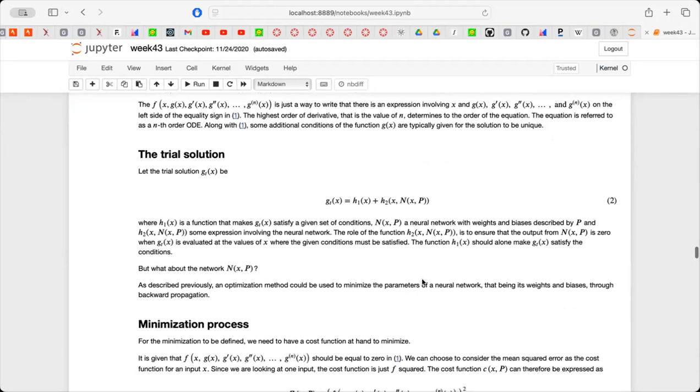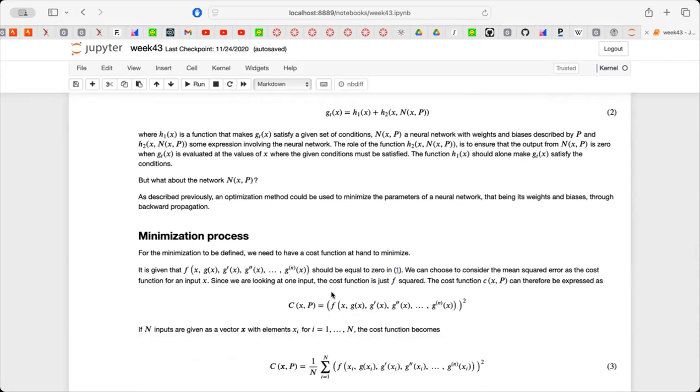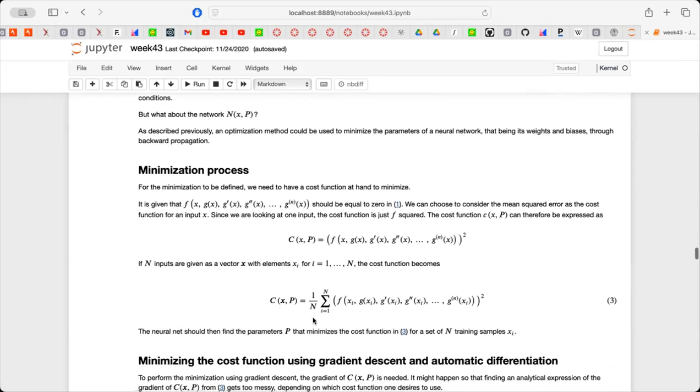And the case which we are going to start with, when we have set up the minimization problem, so p here is now the same as the theta, which we had in these slides. We have n data points, which are given here. And then we are simply going to drive this difference between the left-hand side and the right-hand side of the differential equation squared, and we're going to drive this to zero.